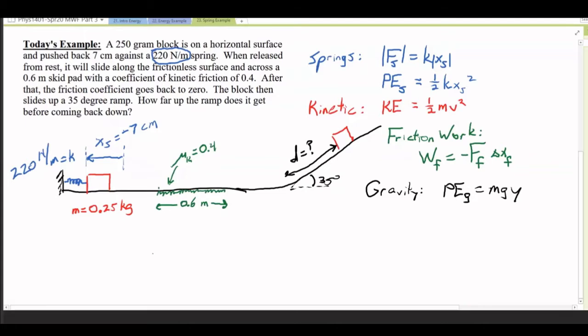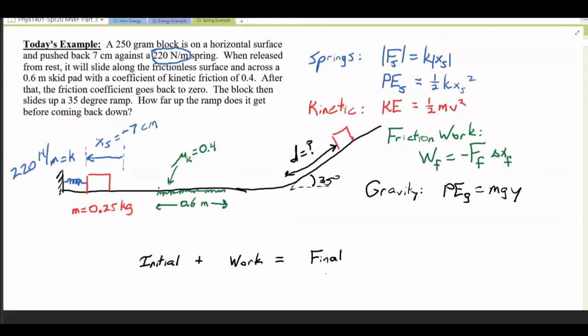And generally, we want to think about the idea of initial plus work is equal to final. So we have to think about what kind of energy we have, and that would be kinetic energy and potential energy.